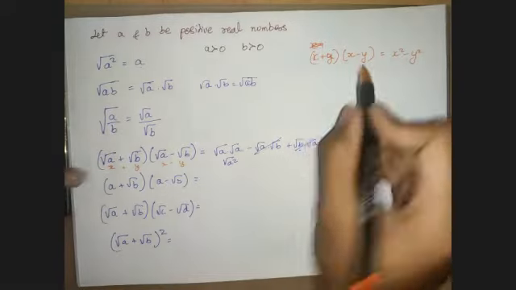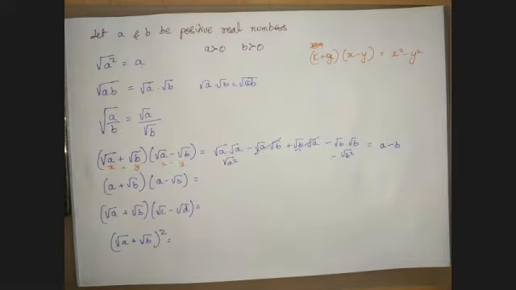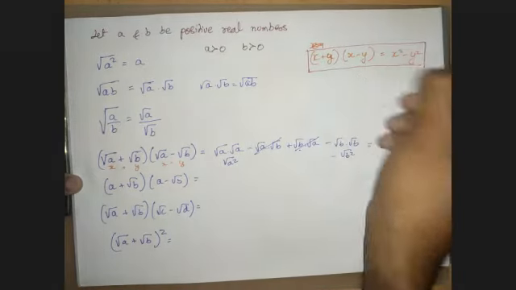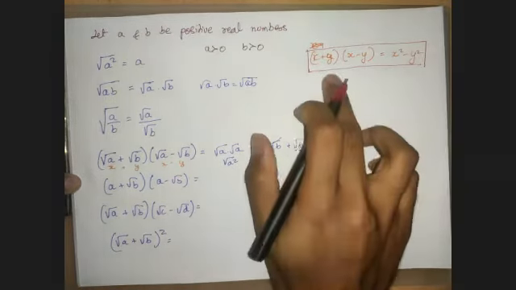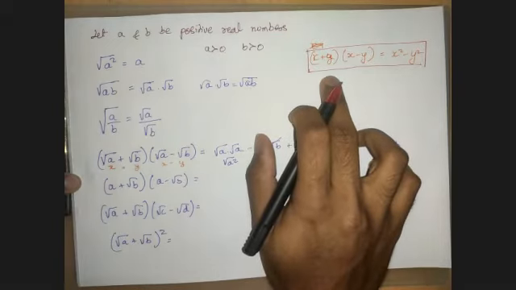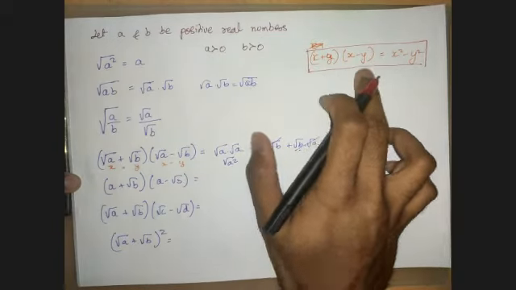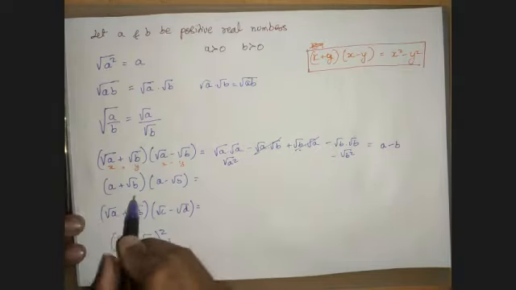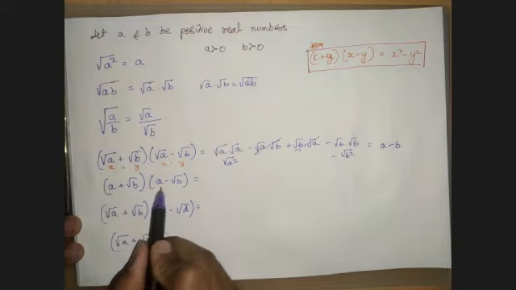So we have to remember this formula. This formula is very important. We would be using this in rationalizing the denominator. So remember this formula. It is very useful. x plus y into x minus y is x square minus y square. Now let us see the next one. a plus root b into a minus root b.